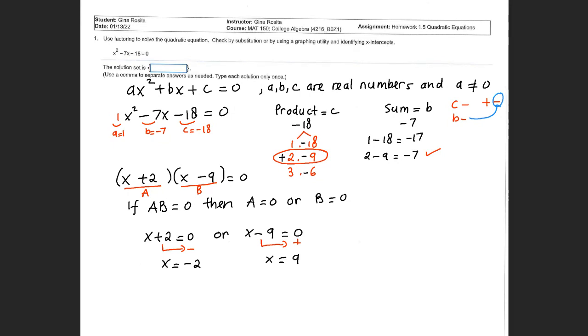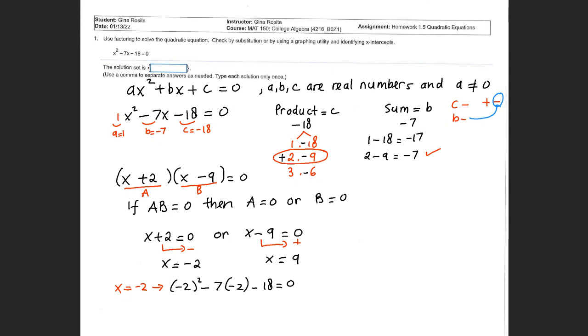Okay. So now you have to check whether your answer is right or not. You just plug into the original question. So I put over here, check. X equal negative 2. You just plug in: negative 2 squared minus 7 times negative 2 minus 18 equal 0.